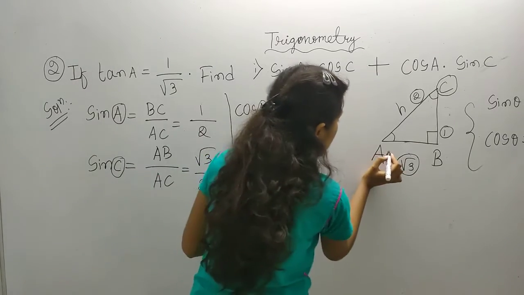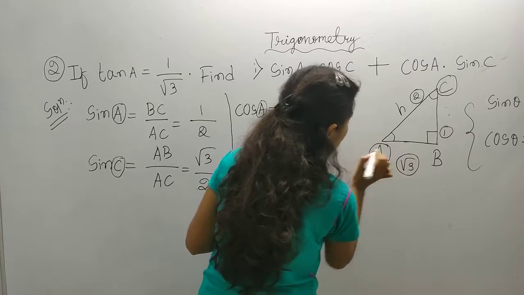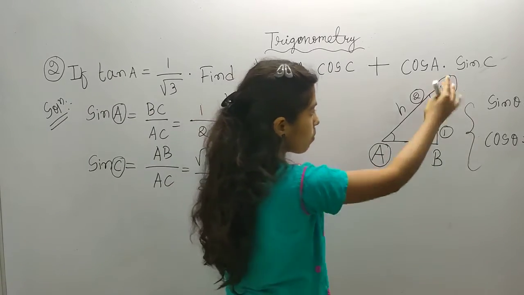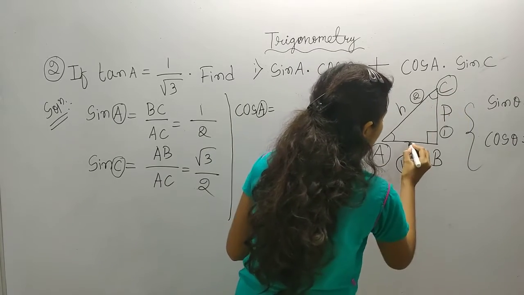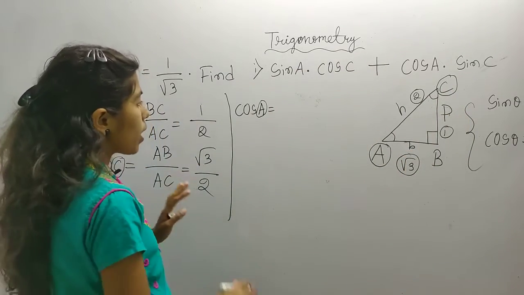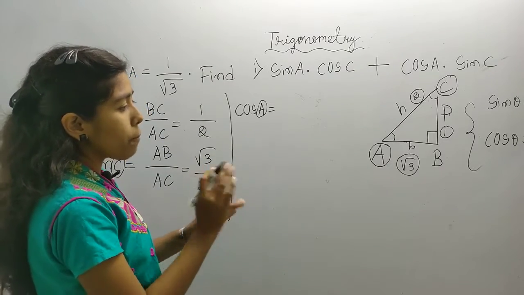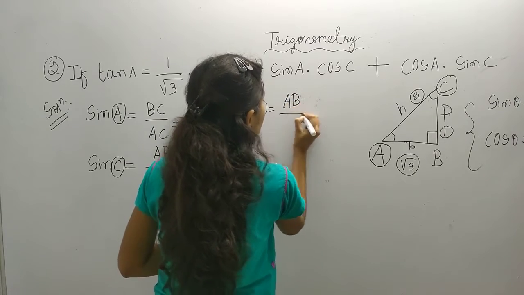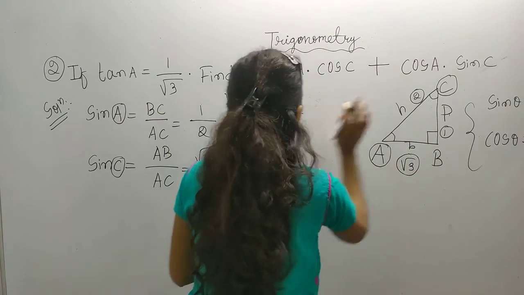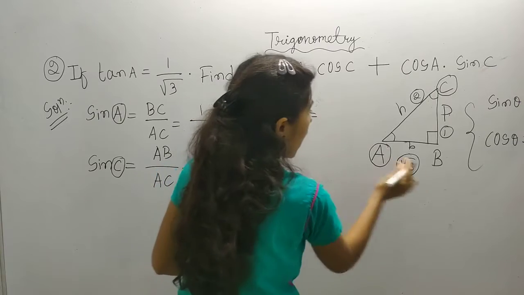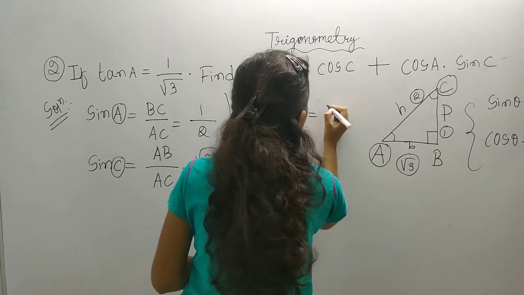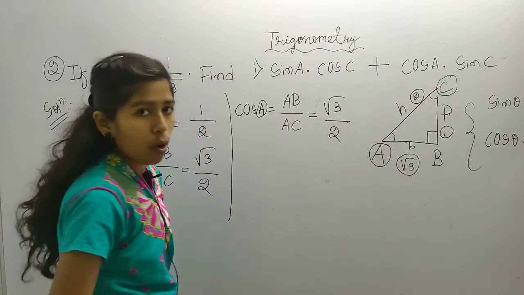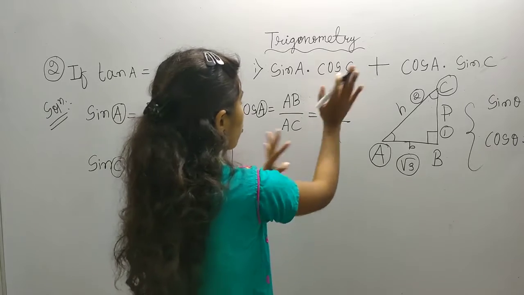Here your main focus is not C, your main focus is A, right? So the opposite side to angle A is BC. So this will be the perpendicular and this is the base. Okay. So cos A equals base, base is our AB, by hypotenuse, hypotenuse is AC. AB is how much? Root 3 by AC. AC is 2. Over. Clear?